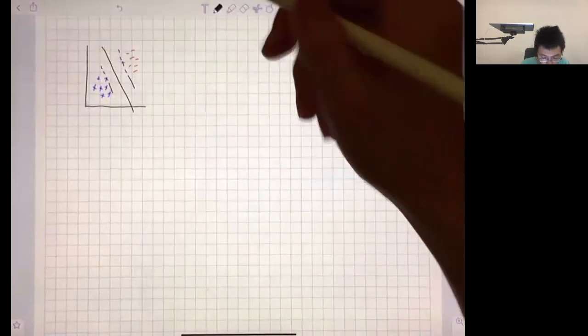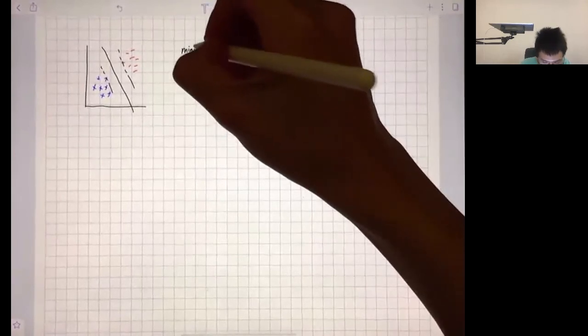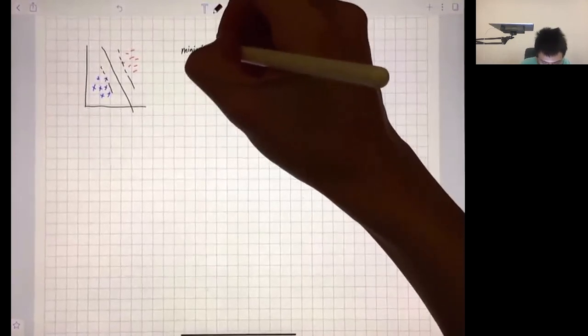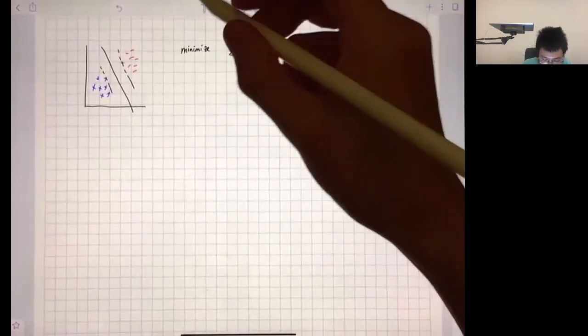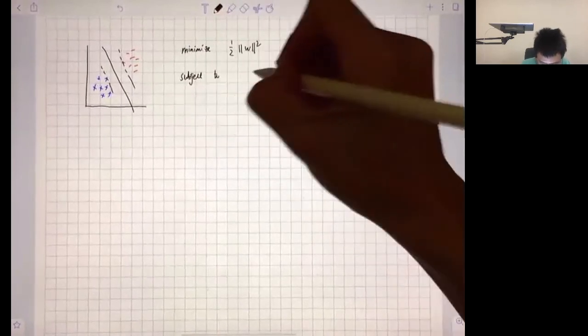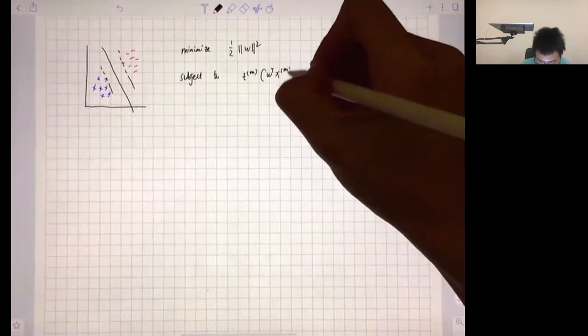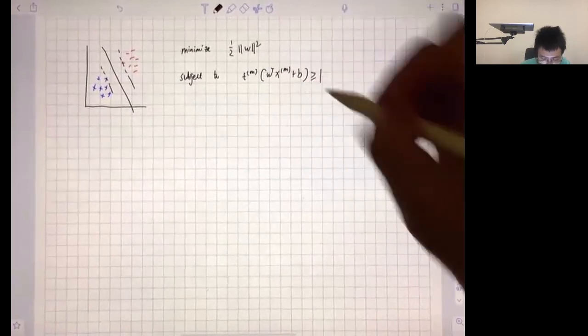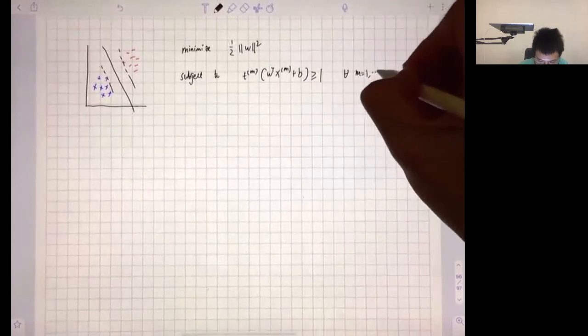You can formulate the idea as: minimize half of the norm of W squared, subject to, for every data sample, y_m times (W transpose x_m plus b) being greater than or equal to 1, for m from 1 up to M.